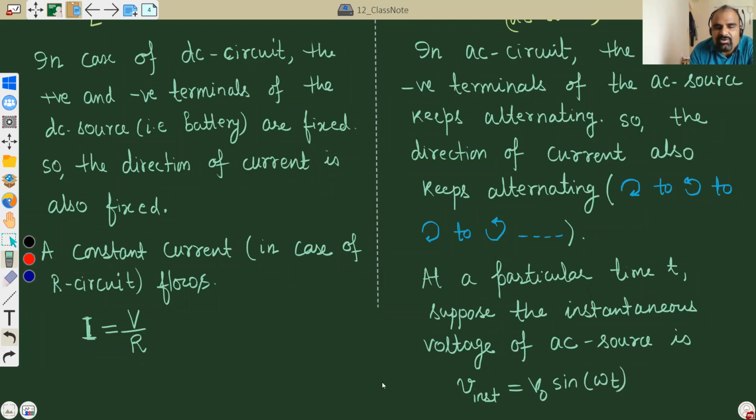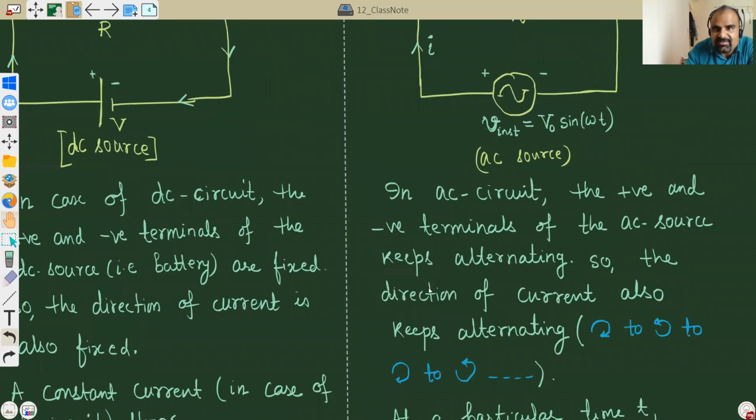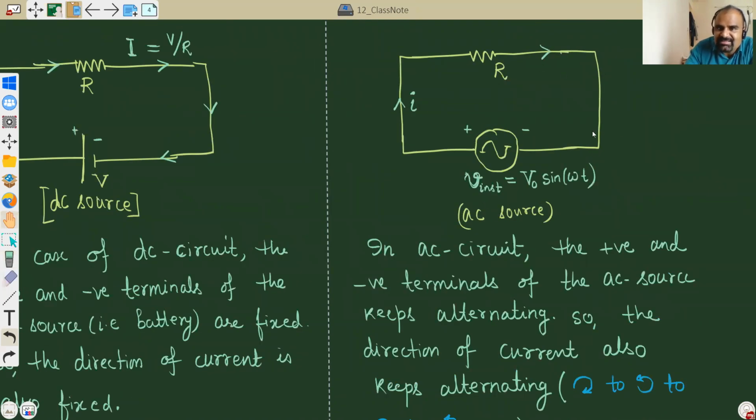Here omega is called angular frequency. So suppose, like for example here, when you had taken this snapshot, at that time the voltage between these 2 points was V naught sine omega t, and this was positive terminal. Now it will not always remain positive terminal, it will keep varying.